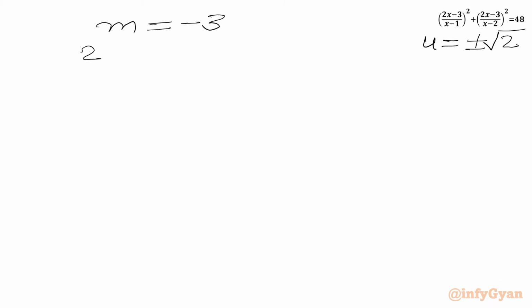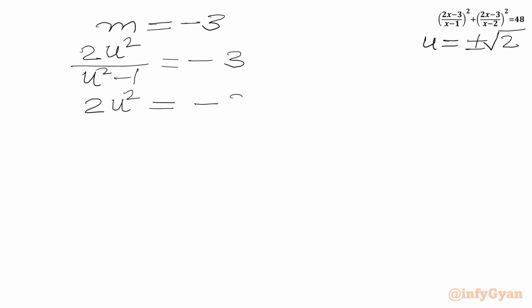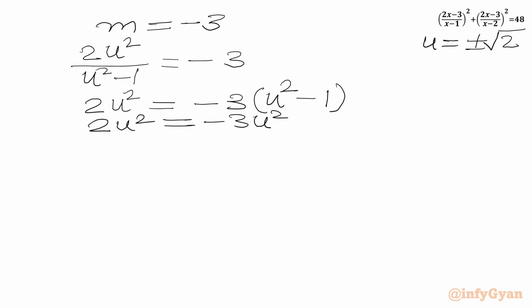Now m was substitution 2u square over u square minus 1 equal to minus 3. Now we will cross multiply and write 2u square equal to minus 3 times u square minus 1, or 2u square will be equal to minus 3u square plus 3.